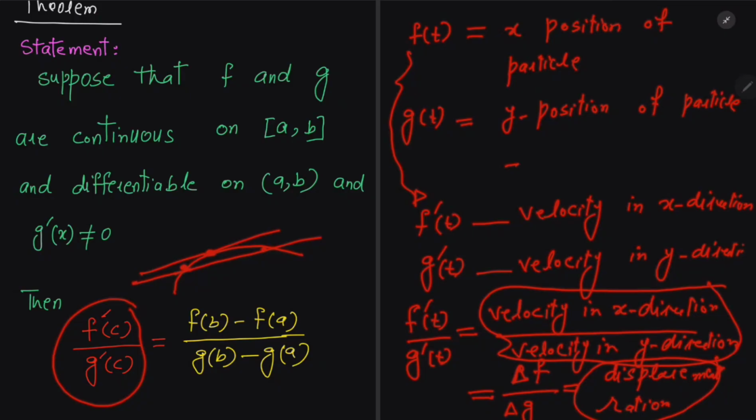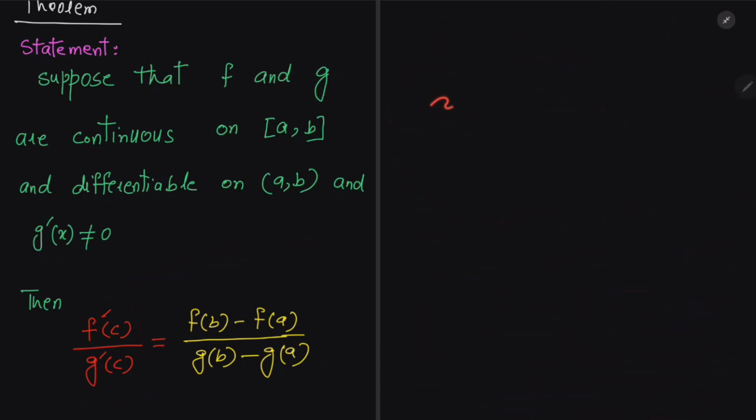So this was all about Cauchy's mean value theorem. It is similar to the ordinary mean value theorem. In the ordinary mean value theorem, we have a tangent, and if we have an interval and draw a line, then the secant line is equal to the tangent line.